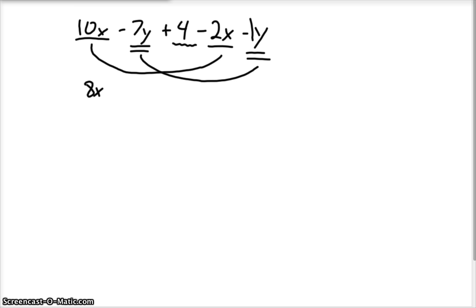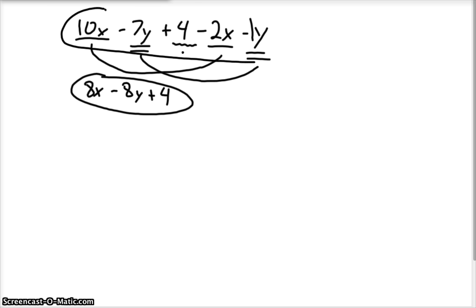We don't write the 1, when we just have y, it means 1y. So negative 7y minus 1y, we're going to get minus 8y, and then we're left with the 4, so we just have plus 4. There wasn't anything else that could simplify with the 4. So now we have simplified our original algebraic expression, and that is just simply how it's done.